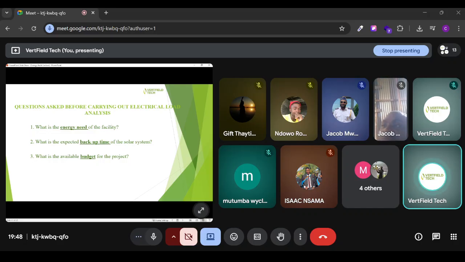When we talk about backup time, it simply means that we are now familiar with the source of solar energy supply, which means that the solar panel absorbs the rays of the sun and converts it to electricity for us. However, the sun does not stay up all day, but there might be times that Mr. Jacob might need electricity in his facility.